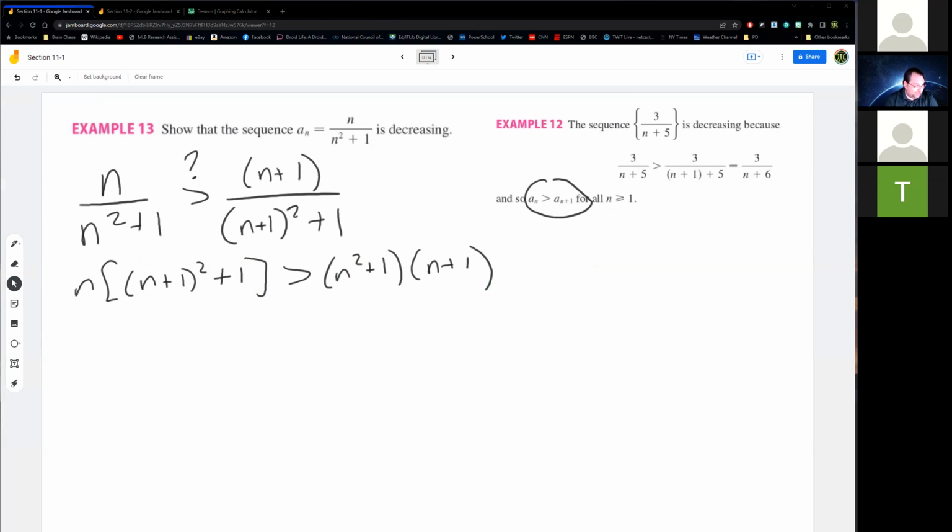Boil all this out, and I get n to the third plus 2n squared plus 2n is greater than n to the third plus n squared plus n plus 1. Cleaning this all up, if I bring everything over to this side, the n's cancel out. I have n squared plus n is greater than 1.